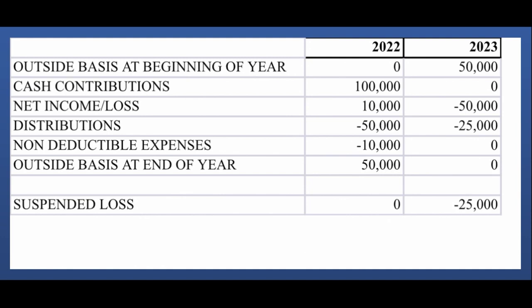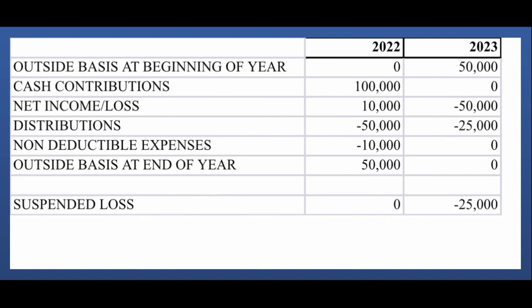That was $20,000 actually, and my portion of it is $10,000. So after the addition items and the subtraction items, my outside basis at the end of the first year is now $50,000. Now we move into 2023, and my outside basis in the partnership starts at $50,000.